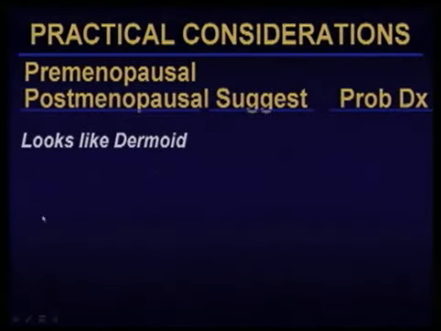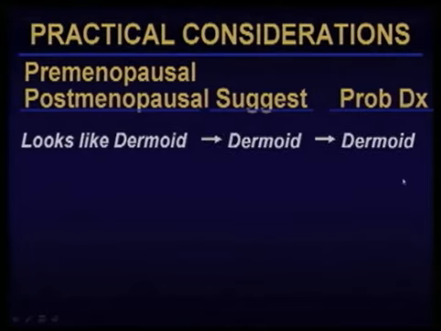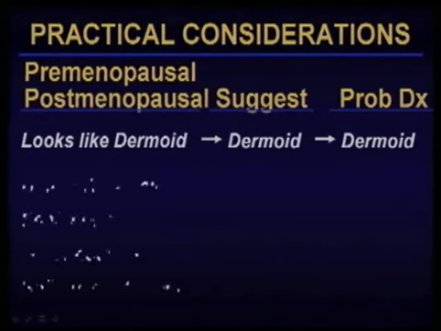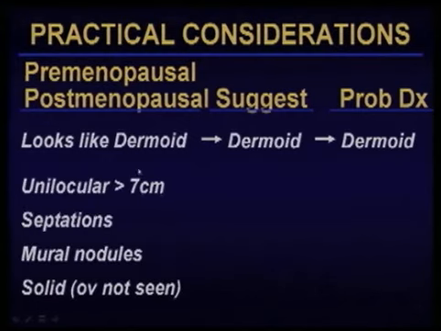And finally, if you have a pre- or postmenopausal process that looks like a dermoid, it probably will be one, and you can follow those providing they're less than 7 centimeters. If it's unilocular and large, it's going to be a benign neoplasm, such as a cystadenoma, which our pathology colleagues again suggested does not transform into a malignant cystadenocarcinoma.